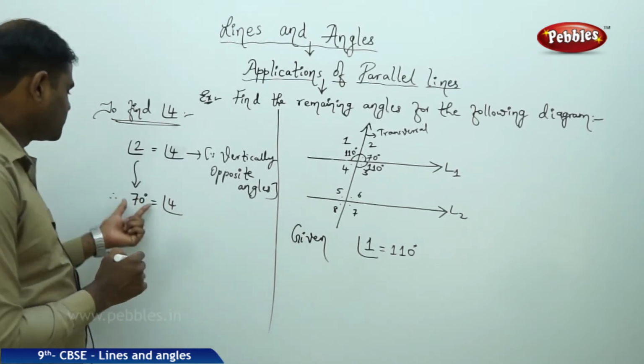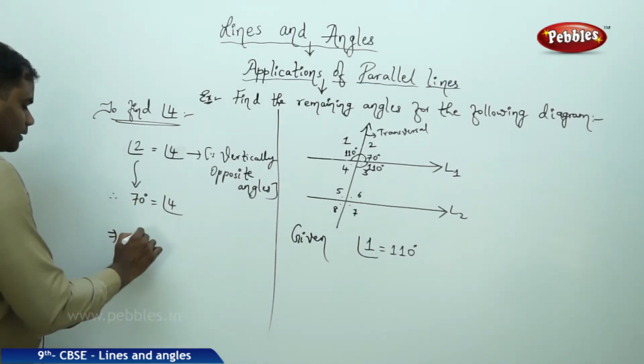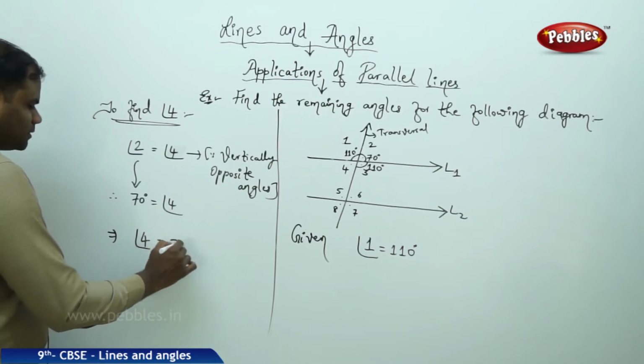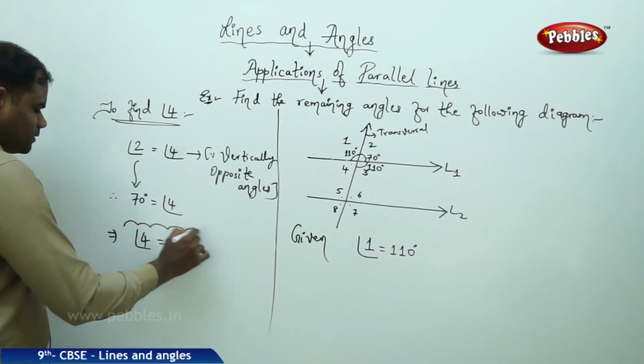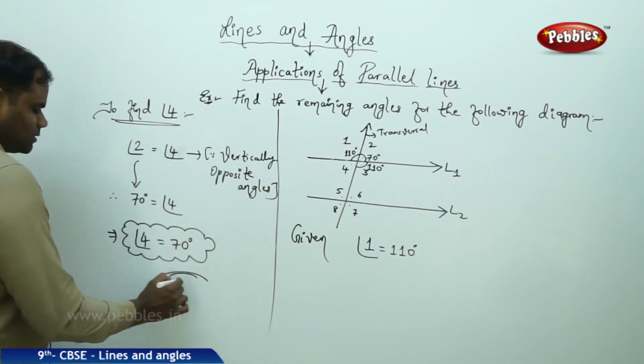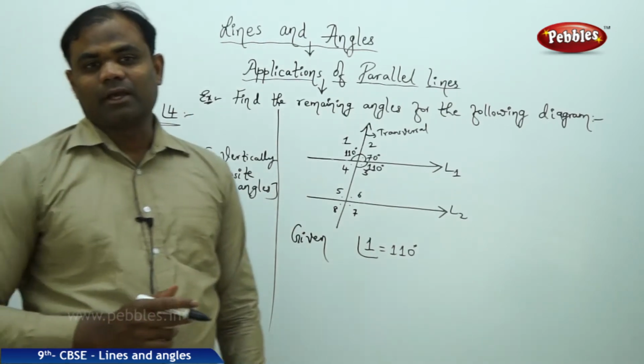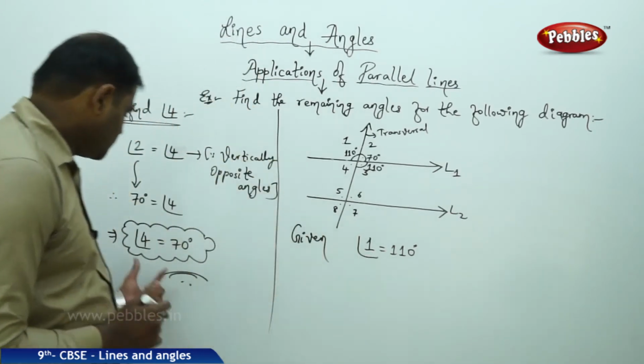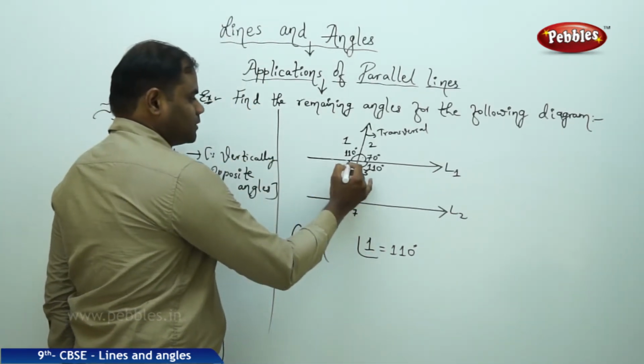Therefore, this being 70 degrees, indirectly I get my angle 4, which equals 70 degrees. That's how I understand the concept of finding angle 4. So my angle 4 out here is 70 degrees.